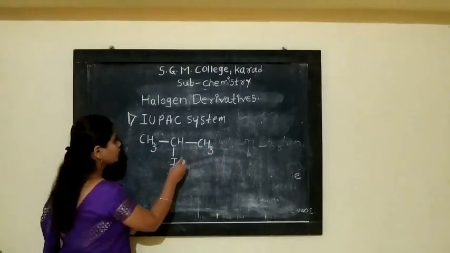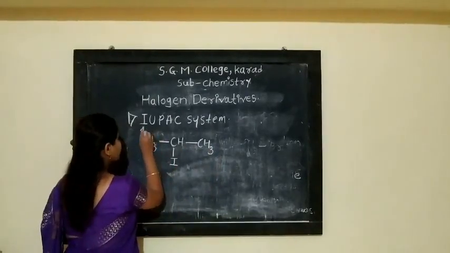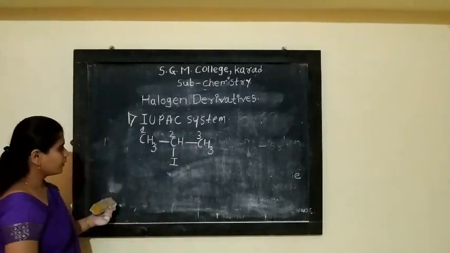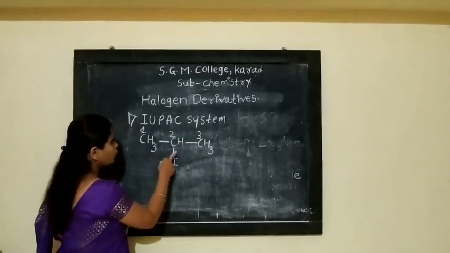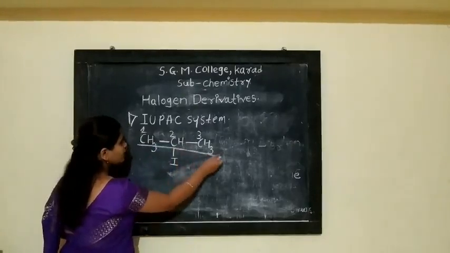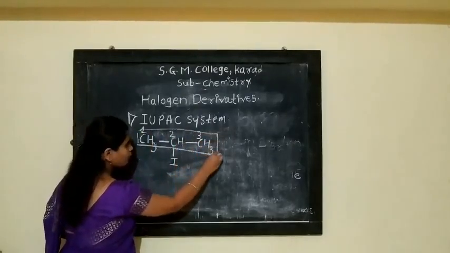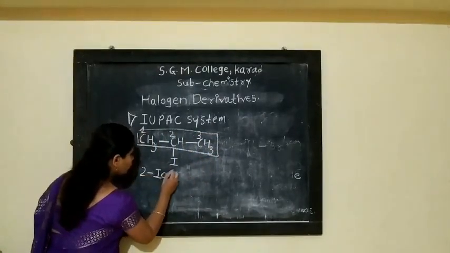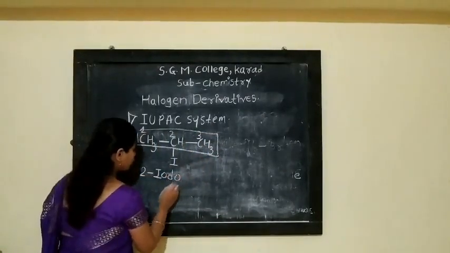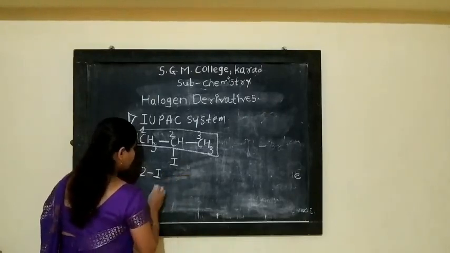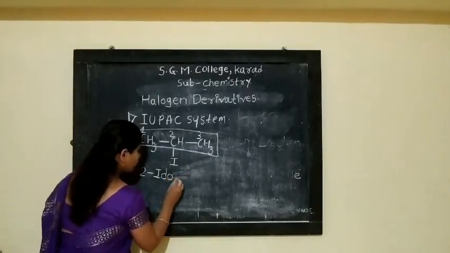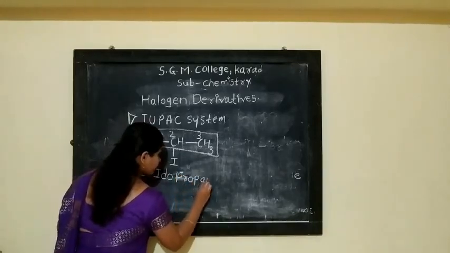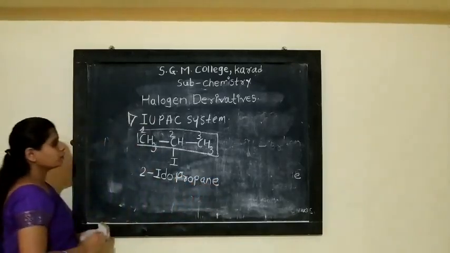Here we give the numbers to that chain 1, 2, 3. So the name of this compound is 2-iodo, and the continuous carbon chain is of propane. So the name of this compound is 2-iodopropane.